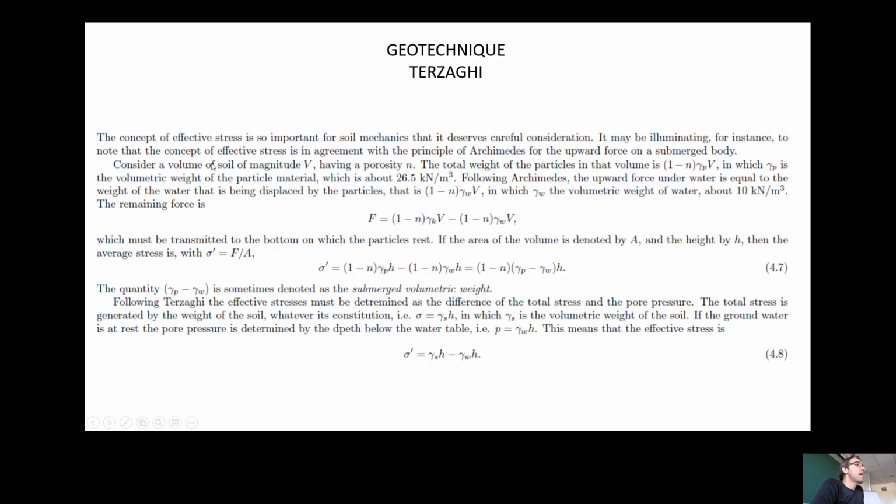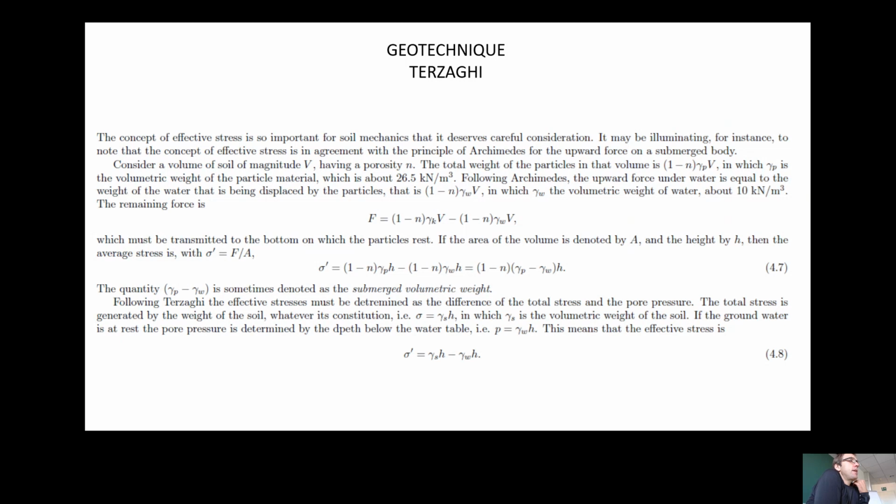So what it means is that there is a force that remains by subtracting the first expression from the second, and you can see here this part minus this, which is what is transmitted to the bottom of the soil on which the particle rests.